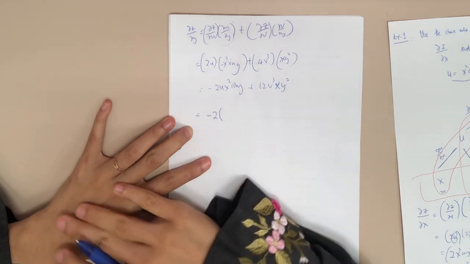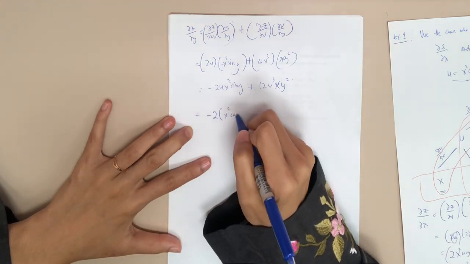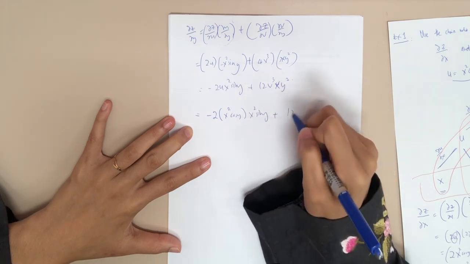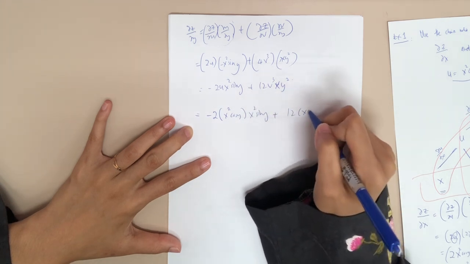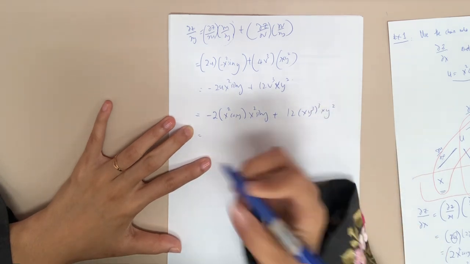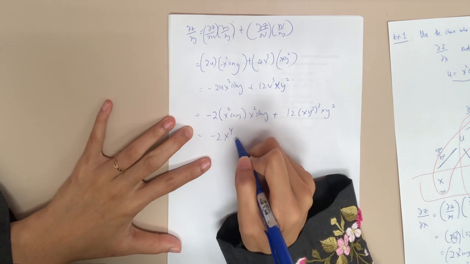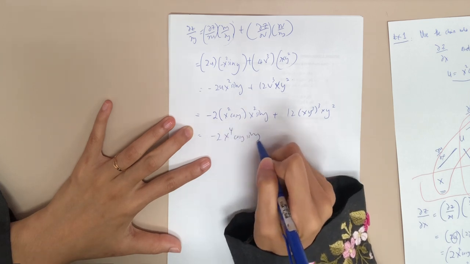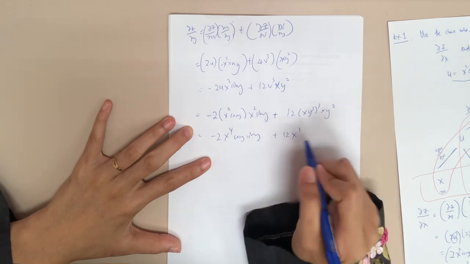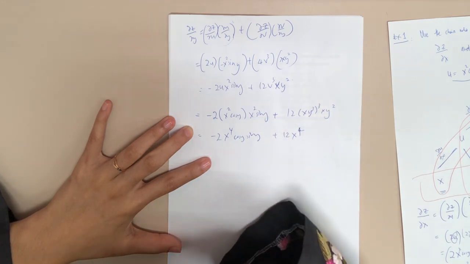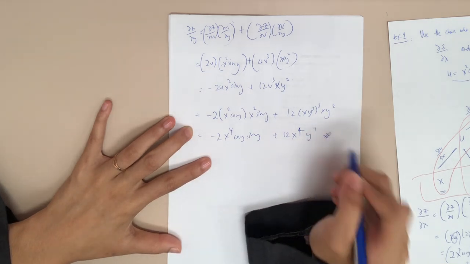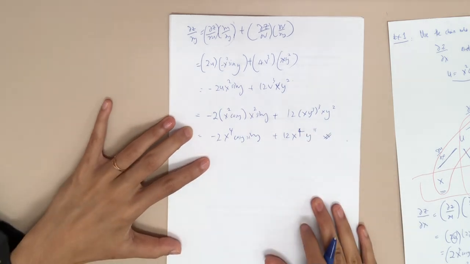You will replace u with x² cos y, and then v you will replace with xy³. Okay, and then simplify. So negative 2x⁴ cos y sin y plus 12x³·x⁴, okay, x⁴, y⁹, y¹¹. Okay, so this will be the answer.